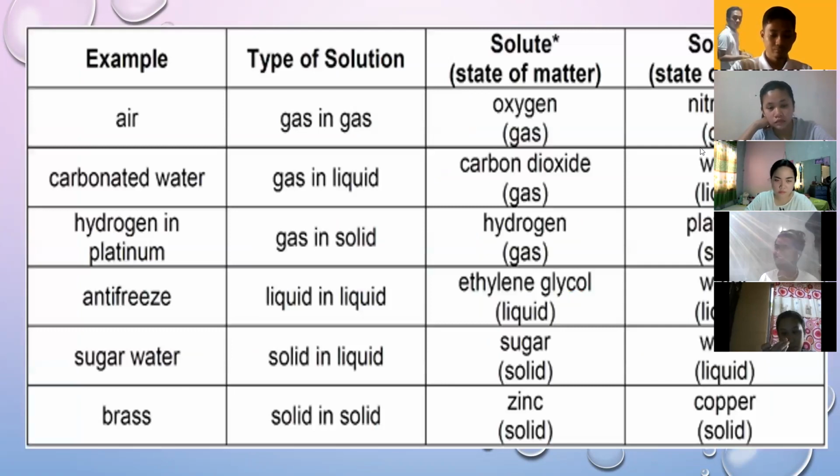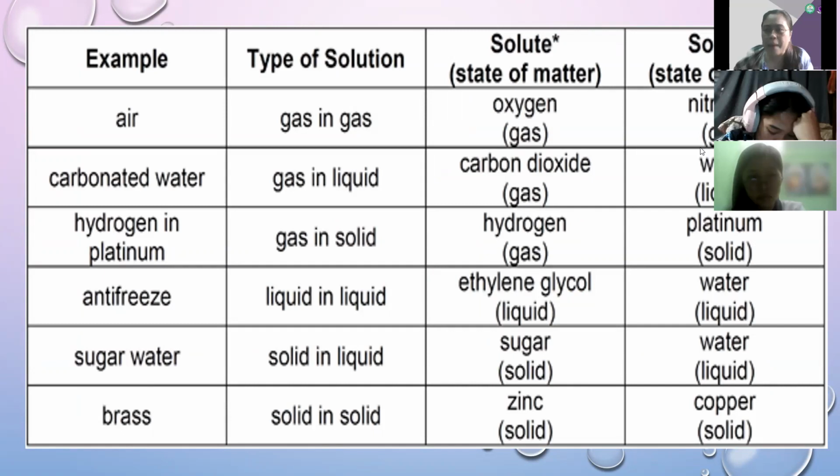But take note, class, that solution is not just about a solid being dissolved in a liquid. Hindi lang ganon yung solution natin. Marami tayong types of solution. Meron tayong gas in a gas, meaning a gas being mixed with another gas, just like our air. So do not forget that air is a solution.